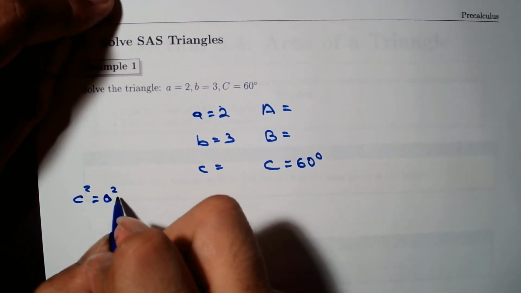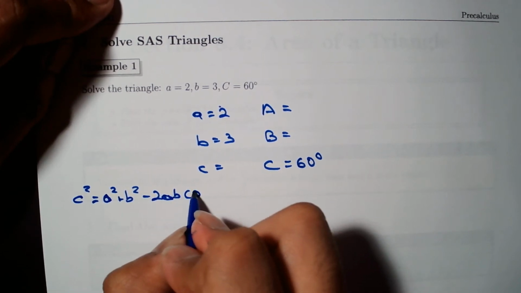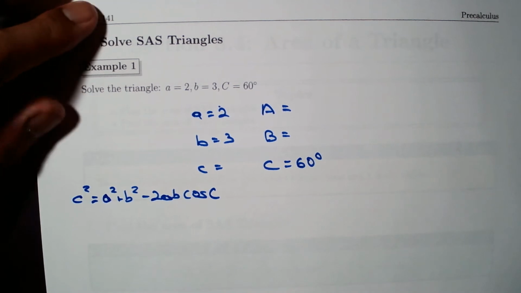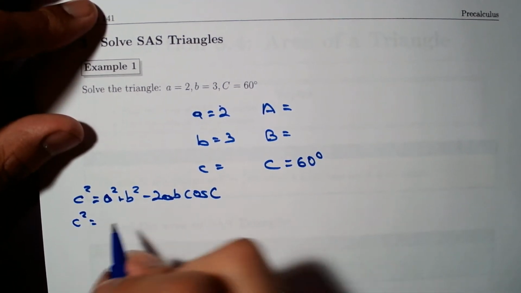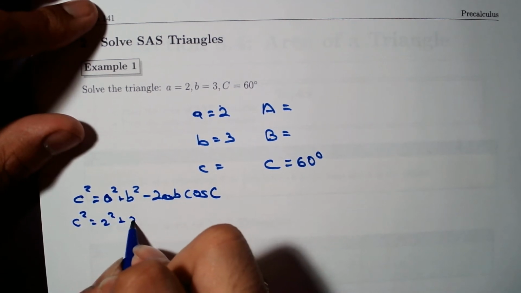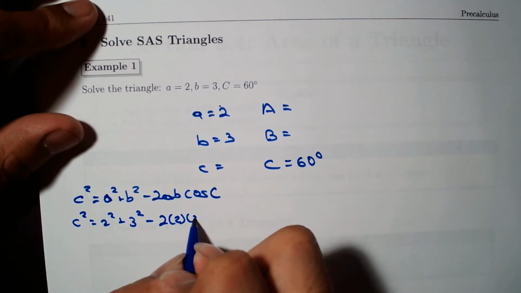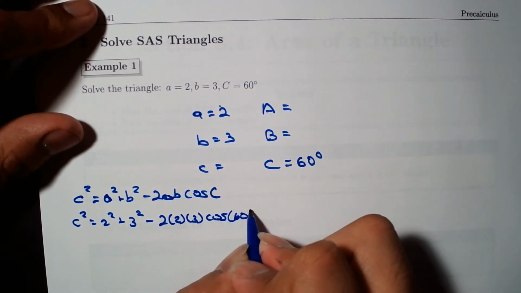So c squared, a squared, which is 2 squared, plus b squared, 3 squared, minus 2 times 2 times 3, cosine of c, which is 60 degrees.